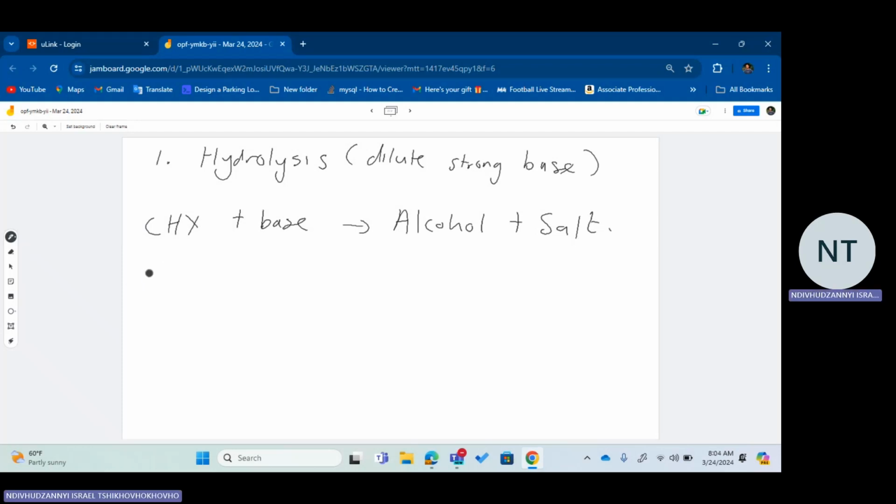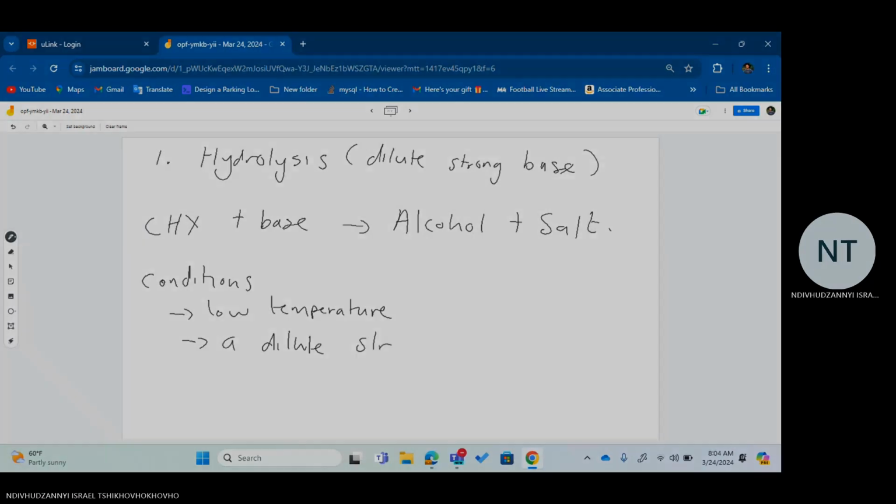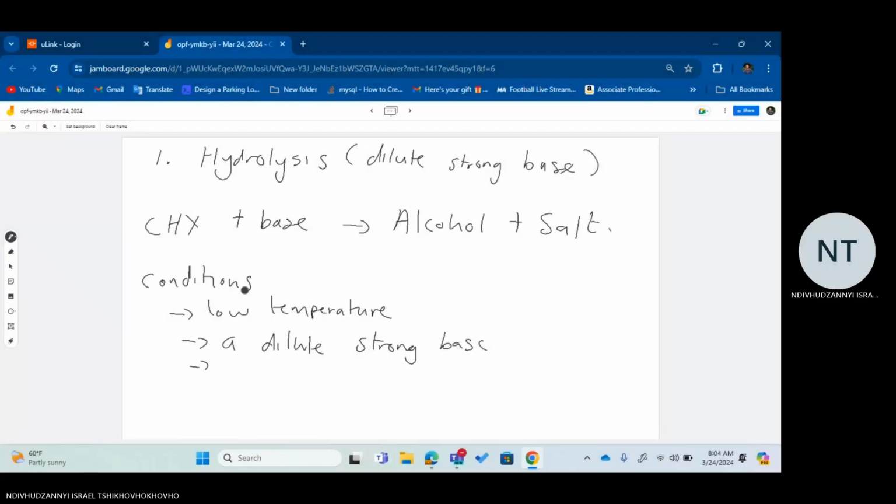Then the conditions for this one, use low temperature. Then we have to also use a dilute strong base. And lastly, the solution must be in aqueous.